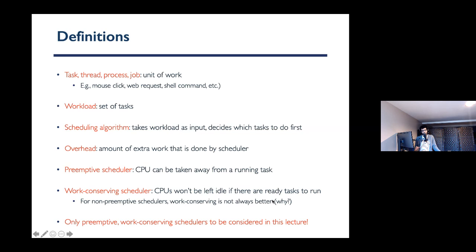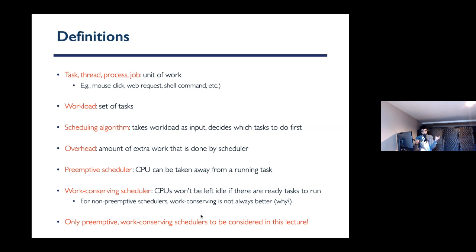Now, for this lecture, we're mainly focusing on preemptive work conserving schedulers, unless it's stated differently. The other assumption that we're going to make, that I probably have to add to the slides, is that we're going to assume that there is no overhead in scheduling. So let's say overhead is 0, unless stated differently.